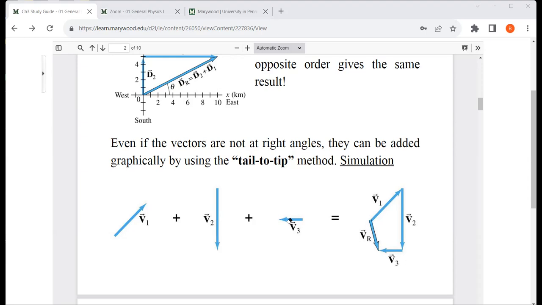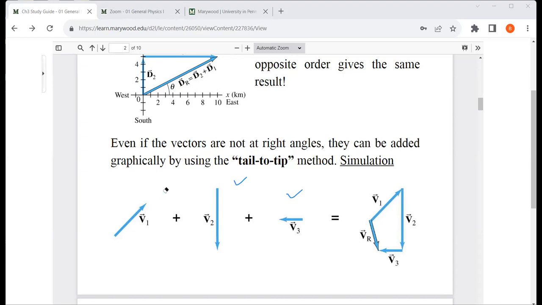So we first draw the first vector. You can choose any of them, either v1 or v2 or v3, as your first vector. It doesn't matter. So let me choose v1 as our first vector, and then from the head of the first vector we draw the second vector.